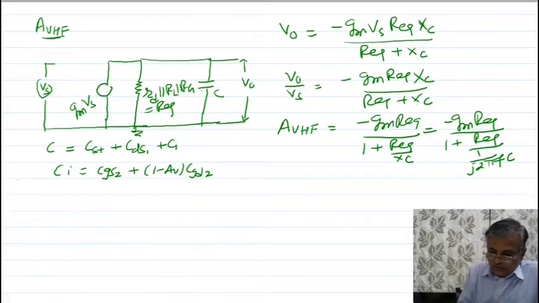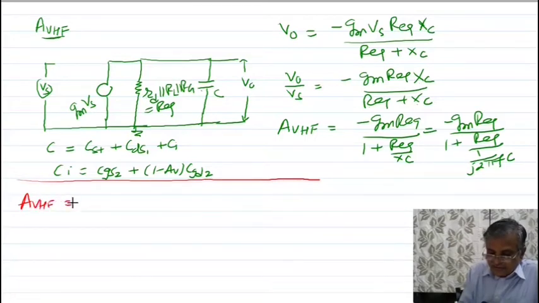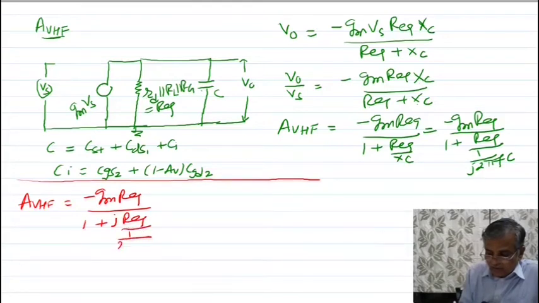So the gain at high frequency is minus GM R equivalent upon 1 plus j R equivalent upon 1 upon 2 pi FC.